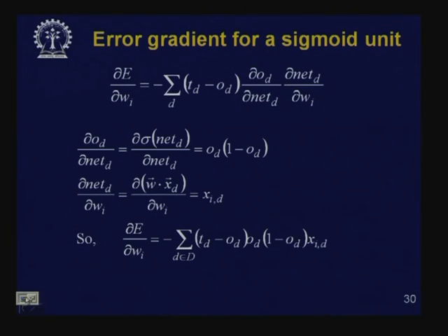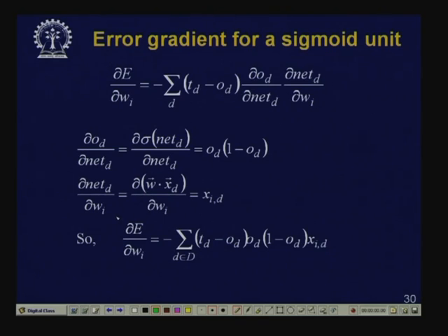So, ultimately what we get is that the partial derivative of the error function with respect to the weight Wi is minus of sigma over all training examples Td minus Od into 1 minus Od into Xid. So, this is the slope with respect to a particular weight Wi.